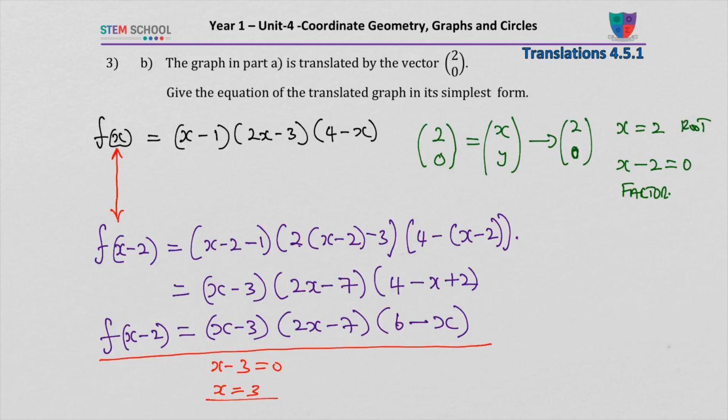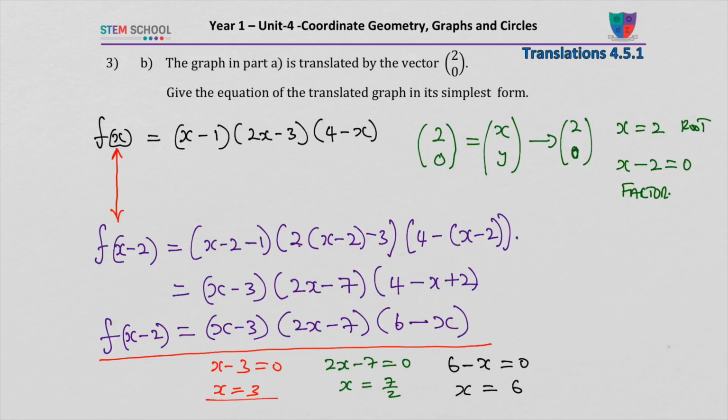So that's one root. The second root will be 2x minus 7 equals 0. Therefore, x equals 7 over 2. That's the second root. And the third root will be 6 minus x equals 0. Therefore, x equals 6. So those are the roots that I'm going to use to plot.